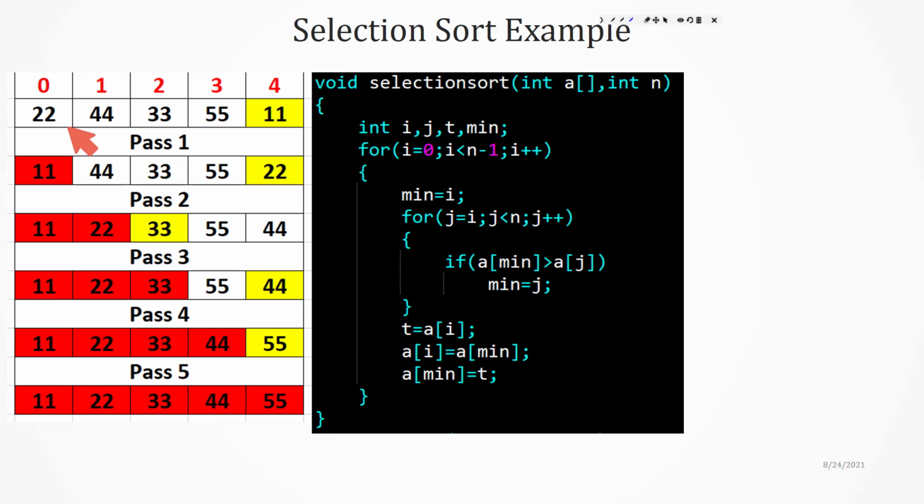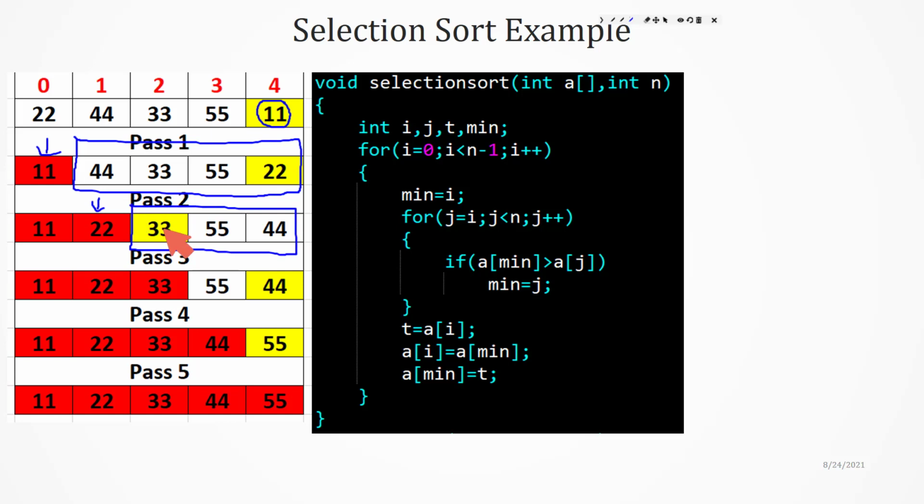So this is the example. This is the input array. The smallest element is 11, so put it in the first position. Now we will take the smallest element from this portion of the array. It is 22. Put it in the second position. Now from these three, we have to find the minimum element.